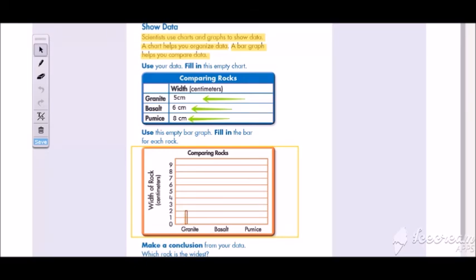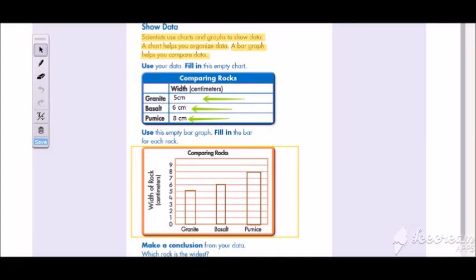It was 5 centimeters. What about the basalt rock? Yes, it was 6 centimeters. What about the pumice rock? Yes, it was 8 centimeters. So by showing this graph, we find that the pumice rock is the widest of them. It has the largest width, which was 8 centimeters.